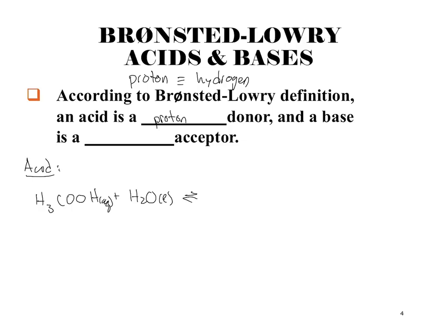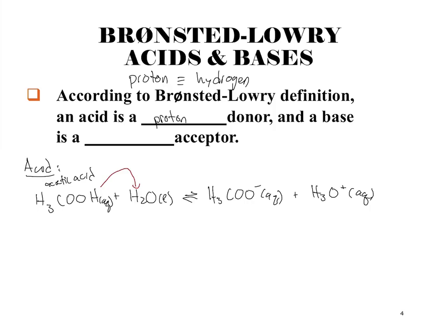Acetic acid can donate a proton to water to make hydronium in solution: H3COO minus aqueous plus H3O plus. So this definition says it's not just about making H3O plus in solution, it's the act of donating a proton that makes something acidic.